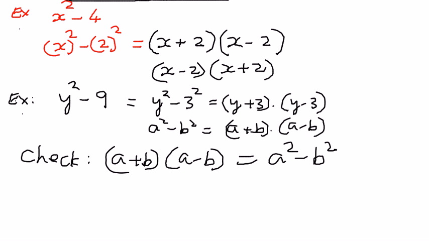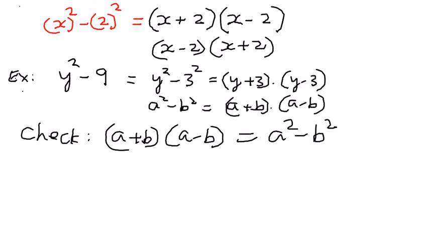We know from one of the methods we talked about in the past, which is called the FOIL method. FOIL means we multiply the first terms, the outer terms, the inner terms, and the last terms. When we combine all of that, we're pretty much using the distributive rule here. When we do that, we should be able to get a squared minus b squared out of this.